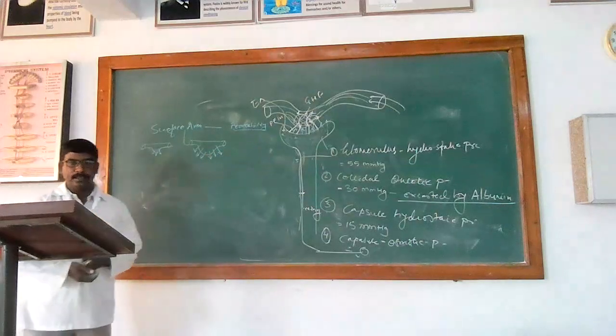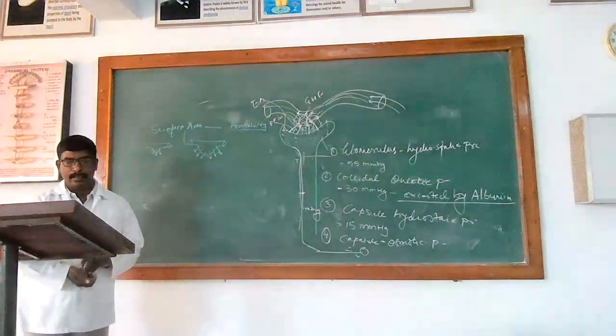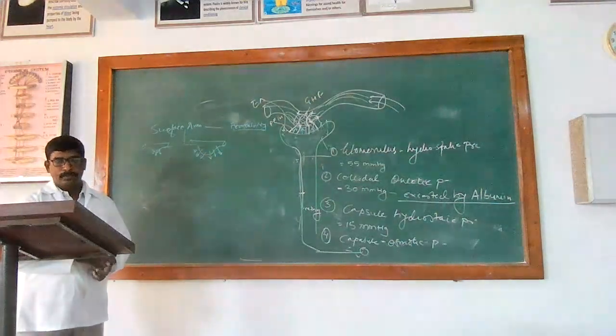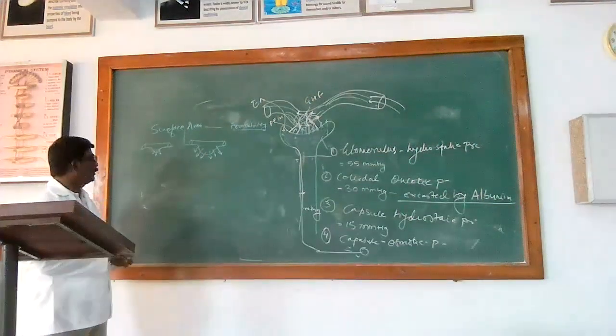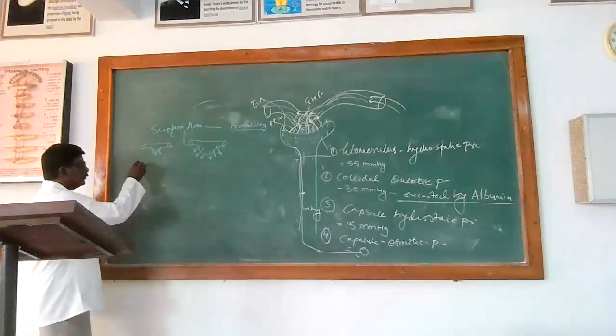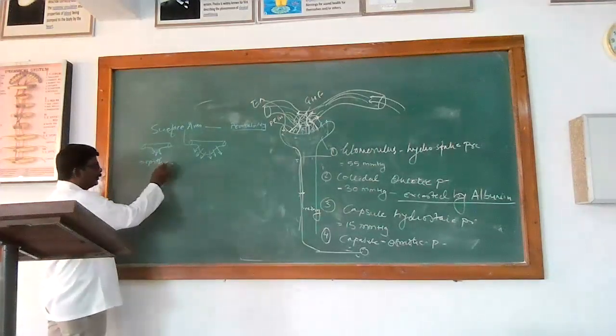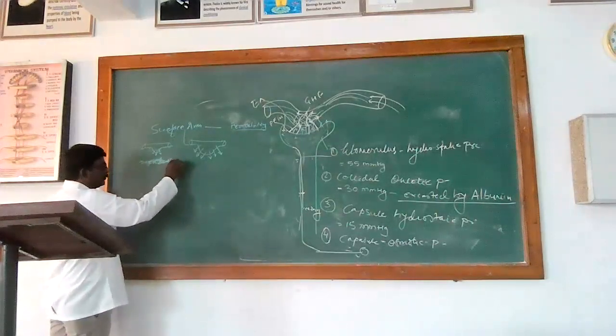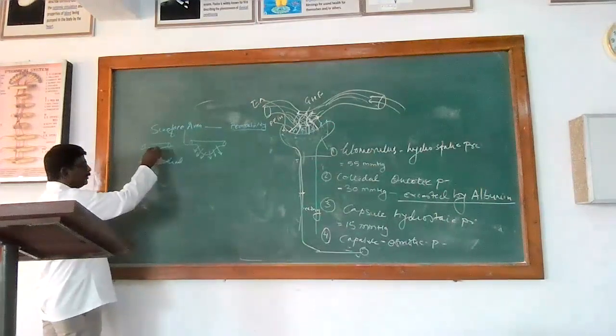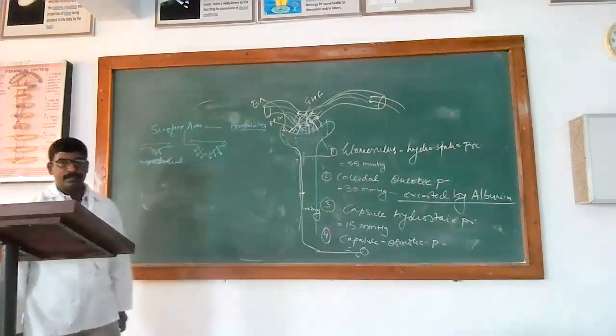So what happens in diabetic nephropathy? All of you know there are some endothelial cells present in the glomerulus.